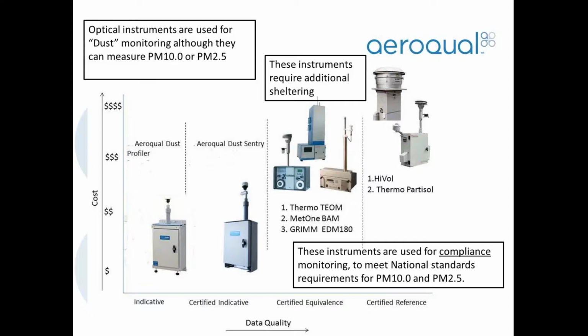This indicative standard is given to dust monitoring only, and it means that the lower cost instruments, cheaper to purchase and cheaper to run, do need to qualify under a performance standard called MCERTS, which I'll refer to a little bit later. I should also point out that the optical instruments, although more commonly used for dust monitoring, can actually be made to measure PM10 and PM2.5.